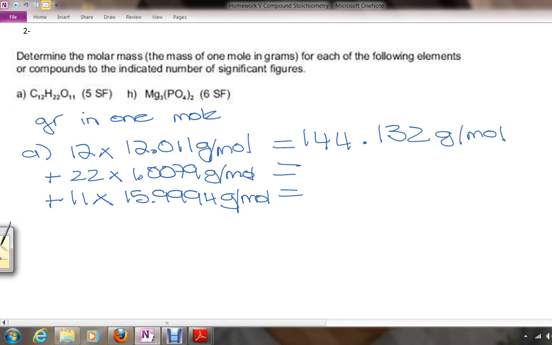On the second one, 22 multiplied by 1.0079 is equal to 22.1738 grams per mole. And finally, 11 times 15.9994 is equal to 175.